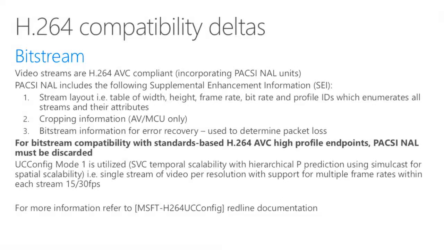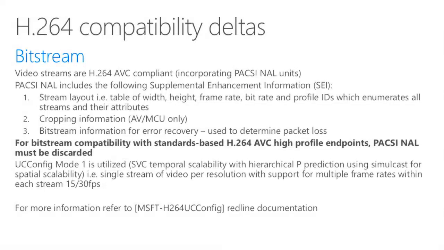So the first problem is around the bit stream, so that's the raw video or the media. Now, Microsoft are using what's called UC config mode 1, which is a type of SVC. And that type of SVC is where you're sending multiple video streams, each with its own type of resolution. And with each of those streams, you have multiple frame rates.